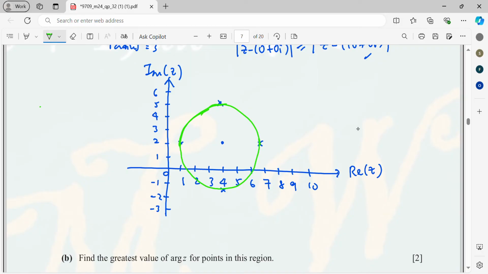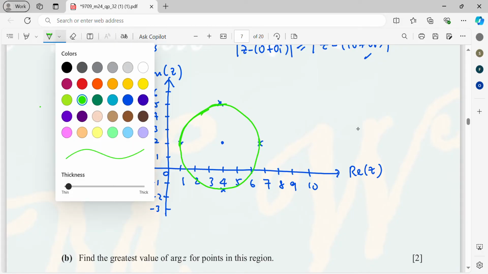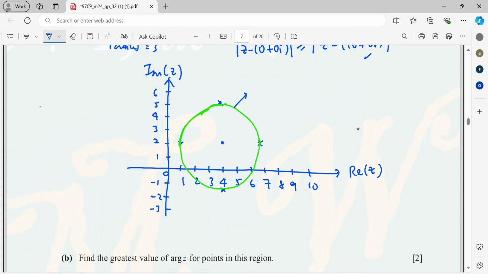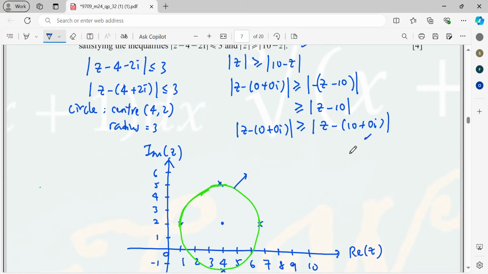Okay, so let's say this is a circle. Then I will label this circumference as modulus of z minus 4 minus 2i equals 3. Now this is less than or equal to, that means it will be including the points inside the circle as well.